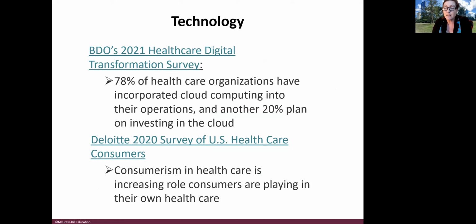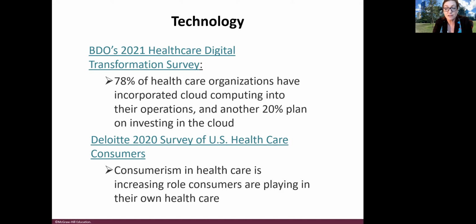And what we see in terms of macro technological trends relevant to the healthcare industry is that we've got this digital transformation going on. 78% of healthcare organizations have shifted to cloud computing, and another 20% plan on investing in the cloud. Okay, that's a big step forward for the healthcare industry.